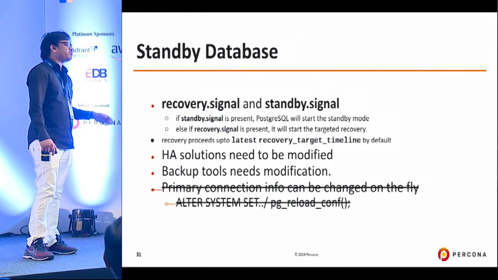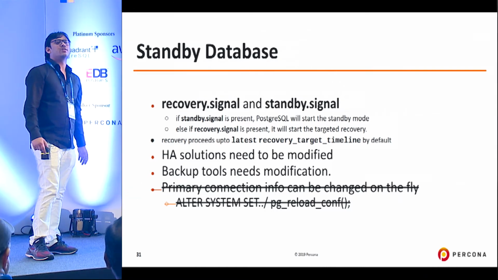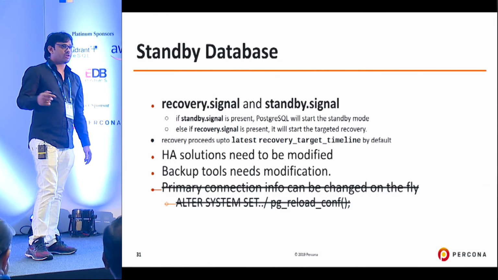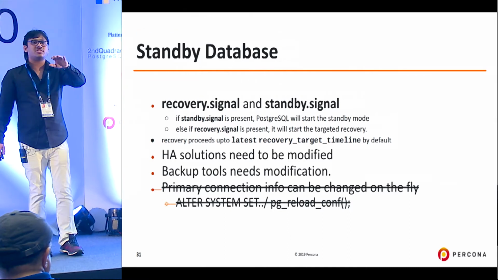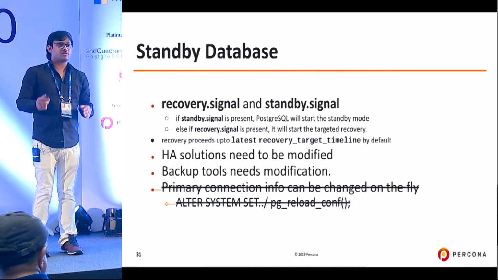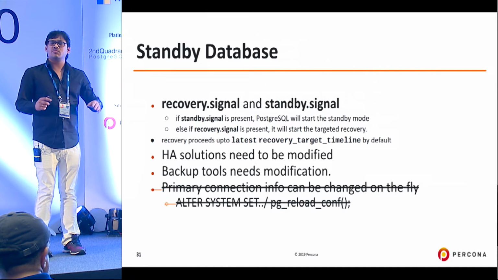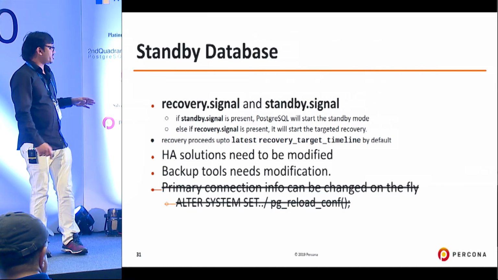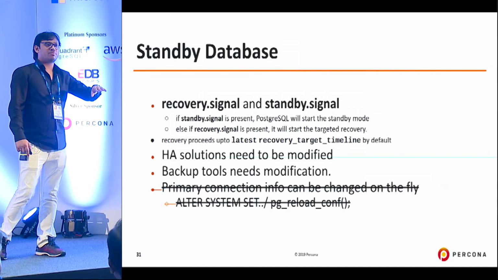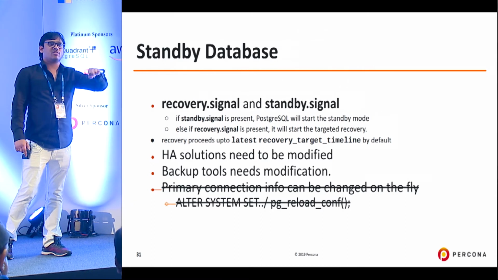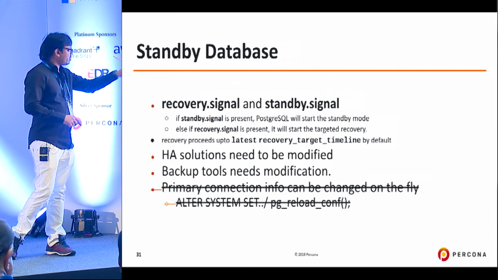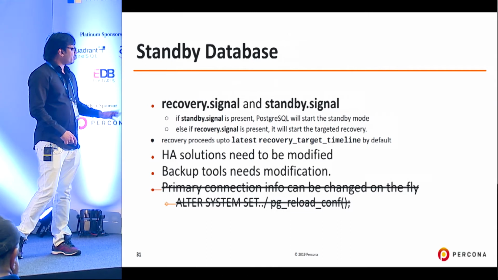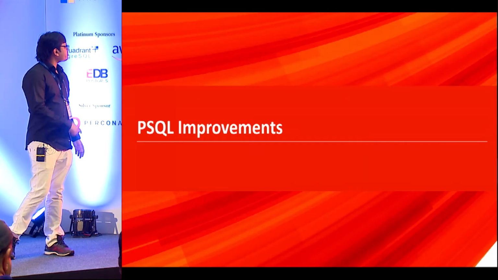Those can be configured as part of the postgresql.conf or the auto.conf file. And why we are telling this is because your HA solutions, if you're using any HA tools or custom HA tools, you may have to modify them so that they fit PostgreSQL 12. And even your backup tools, if you're looking for recovery.conf or trying to back up in different ways, just go ahead and check if you need to perform any modifications.